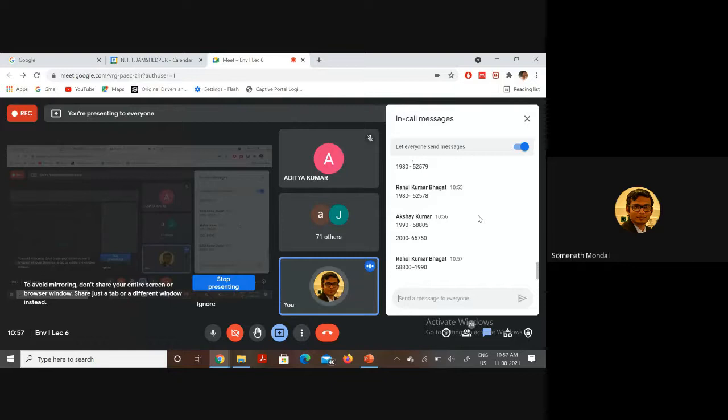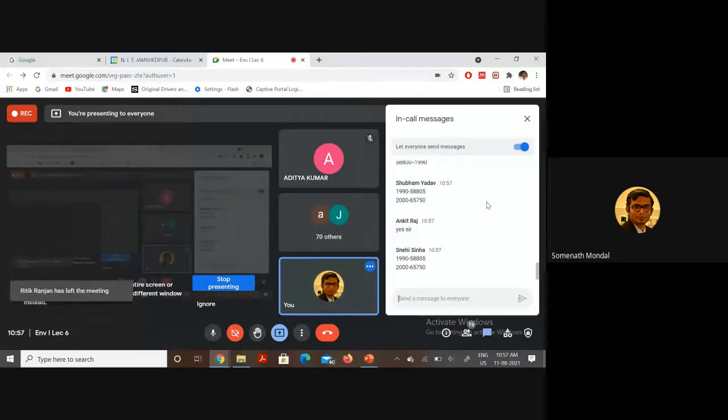What about others? Any problem, anyone? Please let me know. Ankit, have you got the value? Okay. What about Janvi, Sabita? You all were also doing? Have you obtained the value? Yeah, this is correct, Snehi.